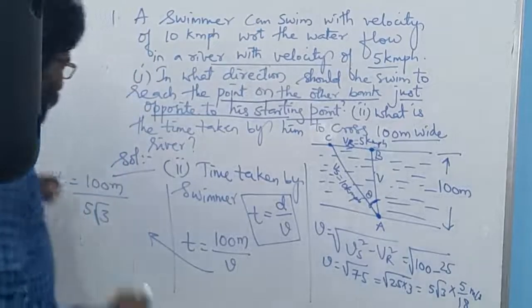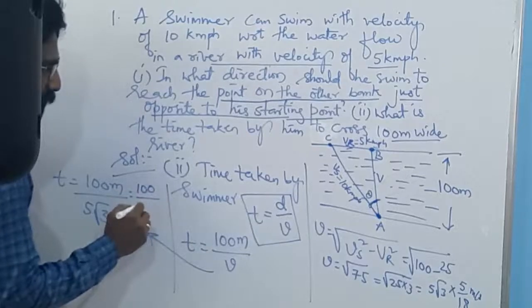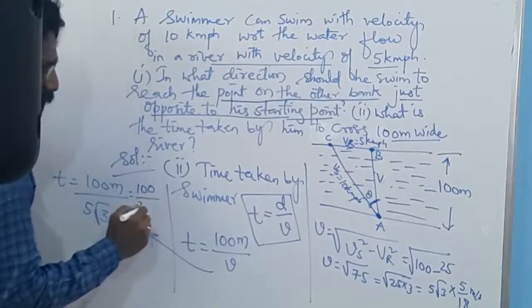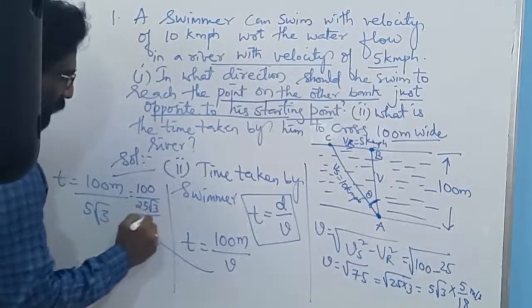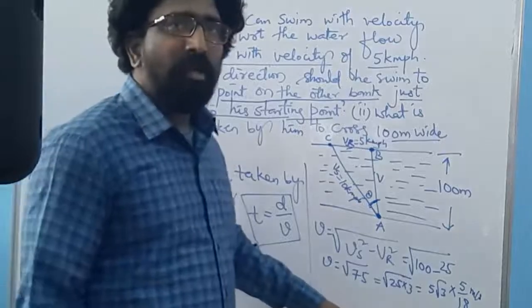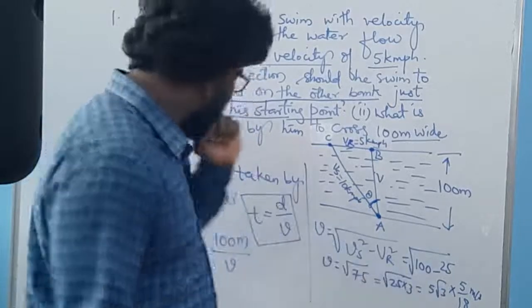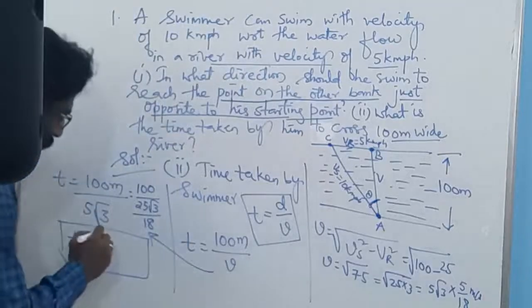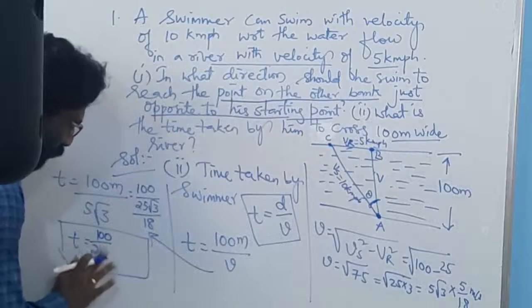So if you convert it here, it becomes 100 over 25 root 3 divided by 18. So T is equal to, if I do any kind of simplification for this, 5 root 3 into 5 by 18, we will get 100 by 2.4.